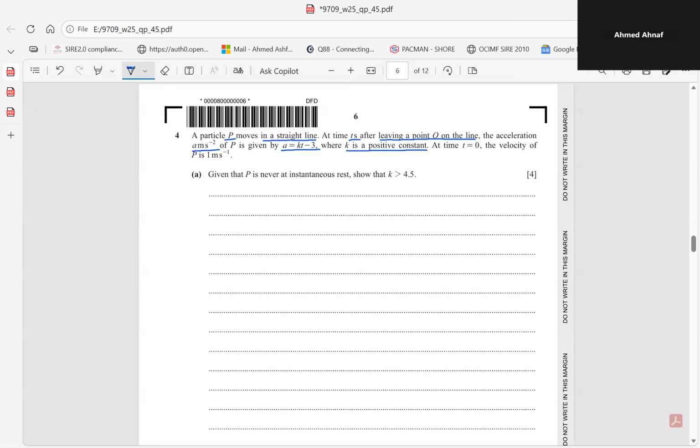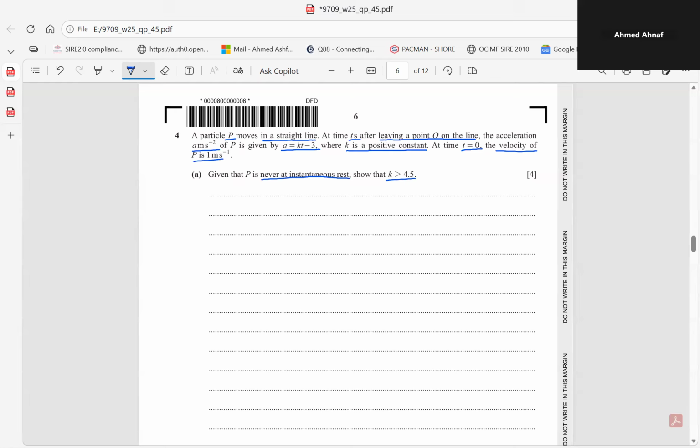At time t equals to 0, the velocity of P is 1 meters per second. So for the first part, we're told that P is never at instantaneous rest, so that means there's no time where V is equals to 0. We have to show that k is more than 4.5.